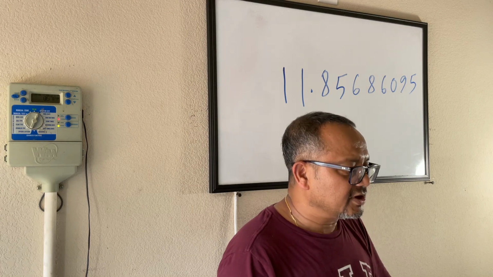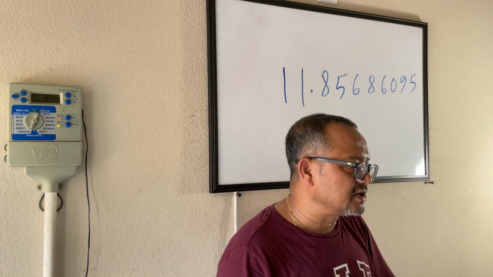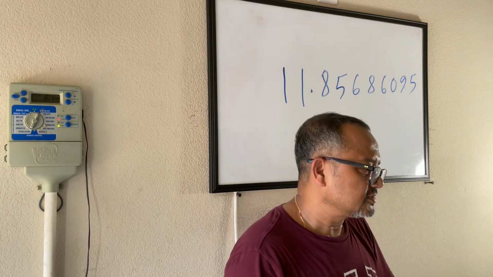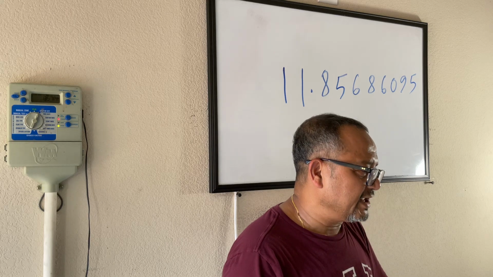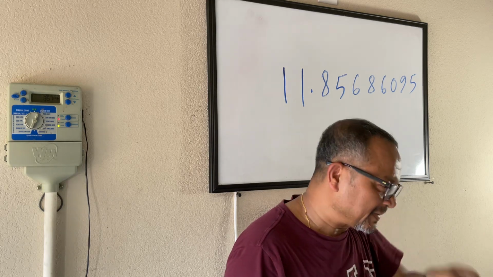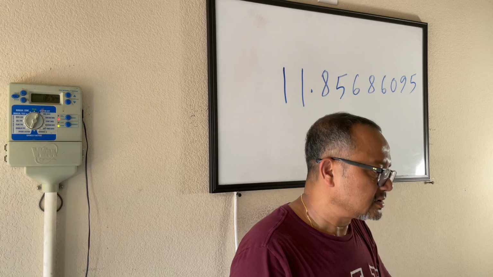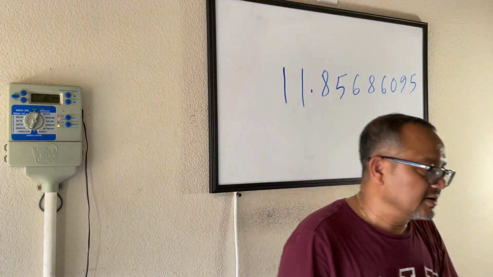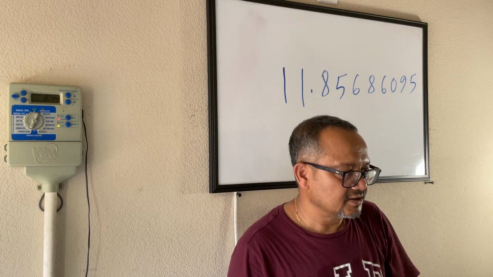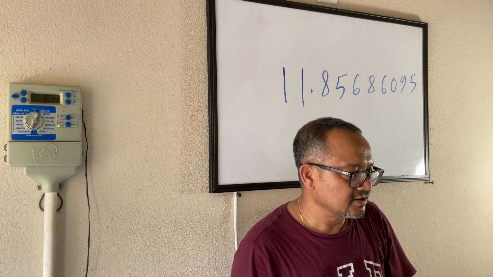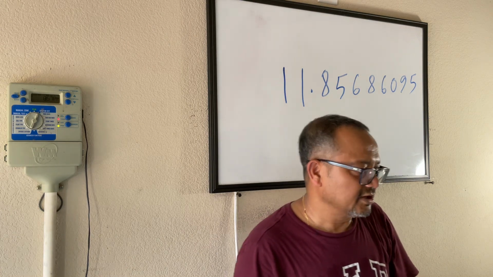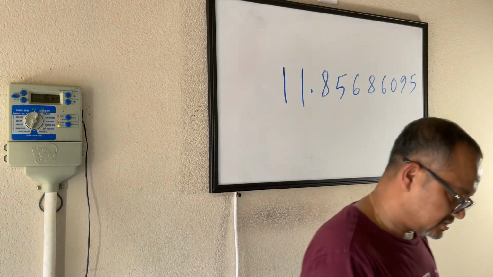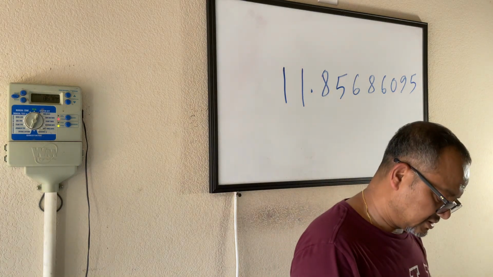Yug, your answers are not coming through. Where did it go? Snehit, what is your answer, beta? $11.86. Okay. Pranit? $11.86. Okay. Asher? $11.86.